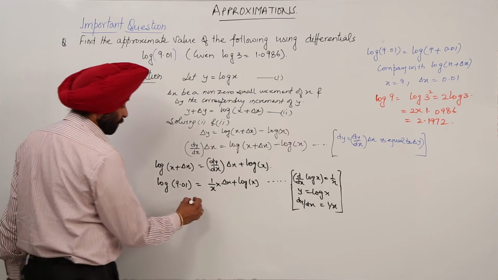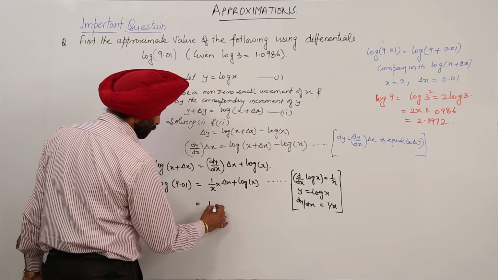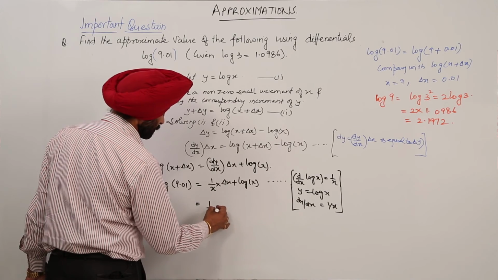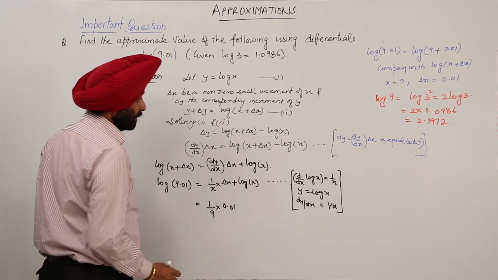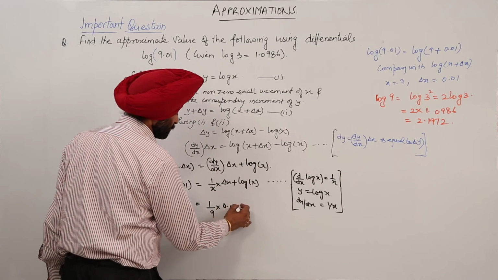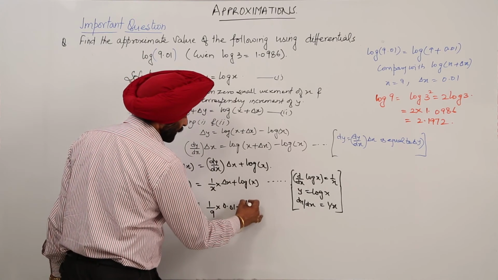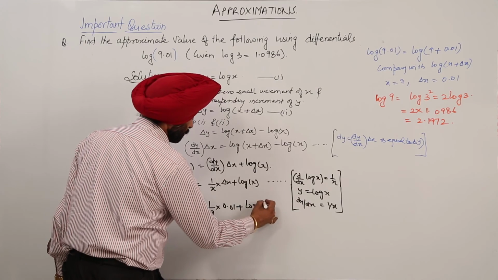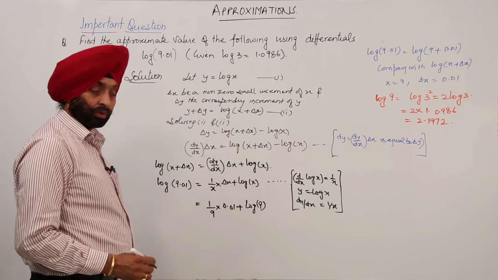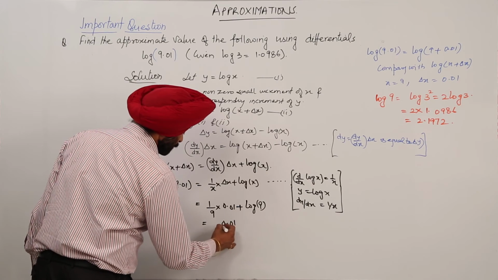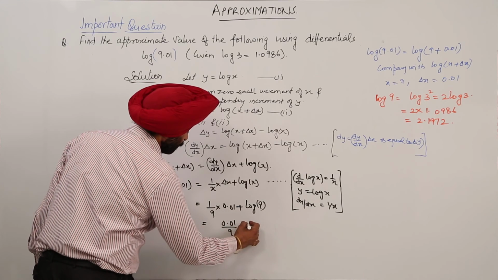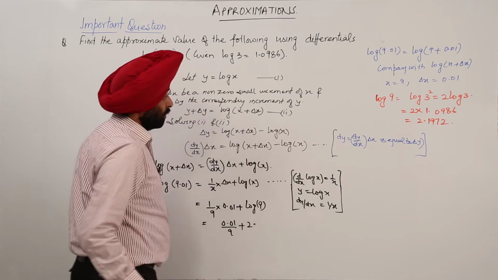Now we are having 1 upon 9 with delta x, 0.01, plus log 9. Okay, so we are having now 0.01 upon 9 plus 2 log 9.